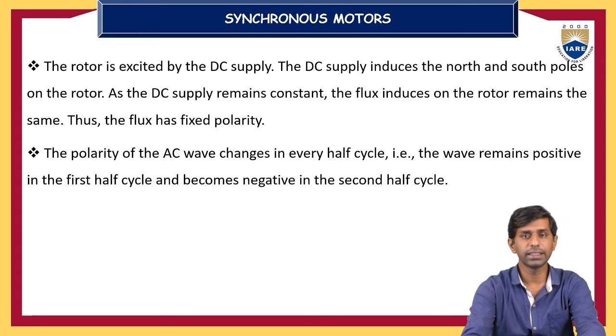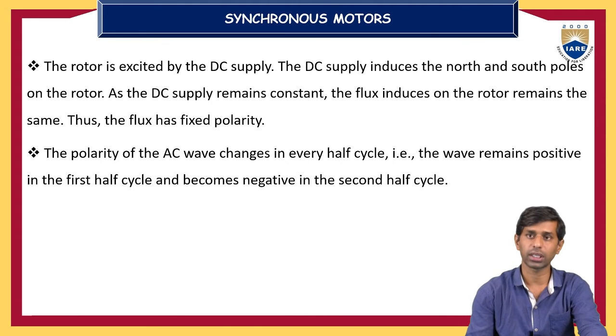Whereas in the stator, the polarity of the AC wave changes with respect to time, on each and every half cycle. When there is a positive half cycle and then a negative half cycle, the magnetic field also changes its poles according to the supply given to the synchronous motor stator.